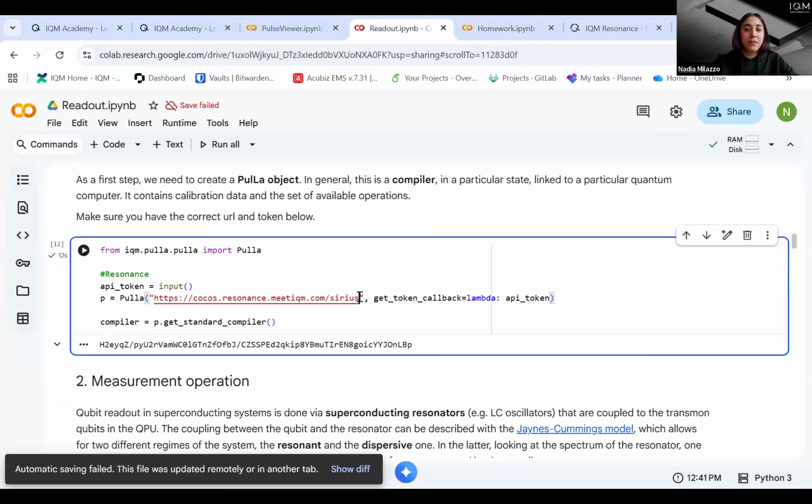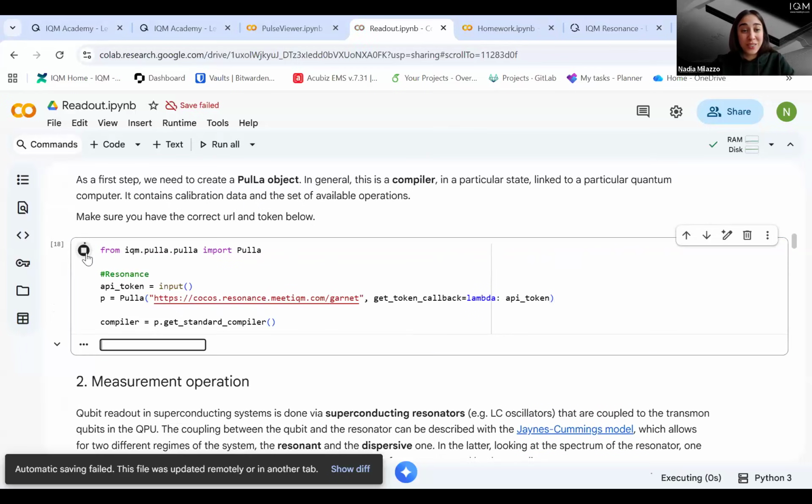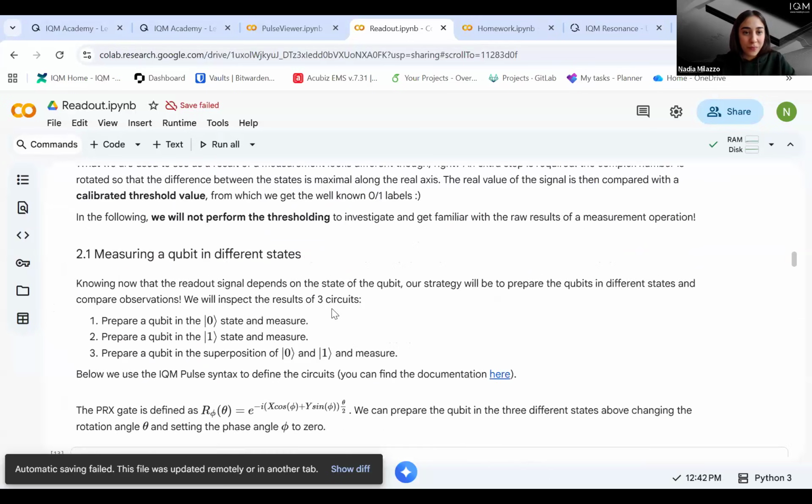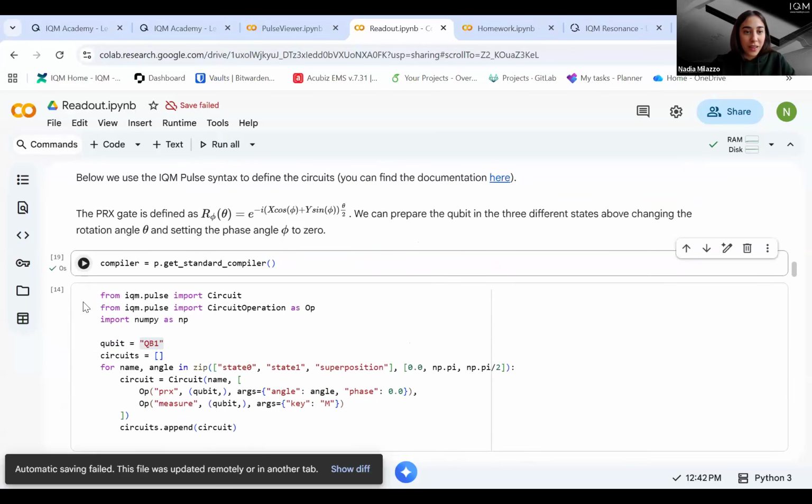So once again, sorry, let me go back to check so that we can verify if this was the error we got before. Okay.